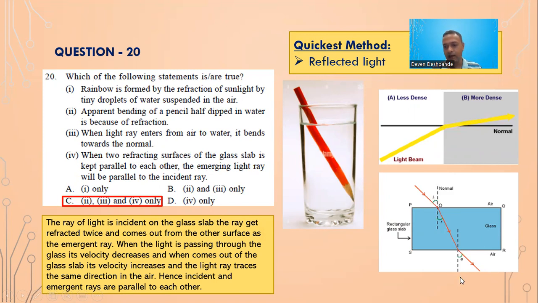And this angle and this angle will be the same. So that's why the incident ray and the emerging ray will be parallel. So 2, 3, and 4 are correct. And the first is false. A rainbow is not for refraction. It is splitting of light into 7 different colors.